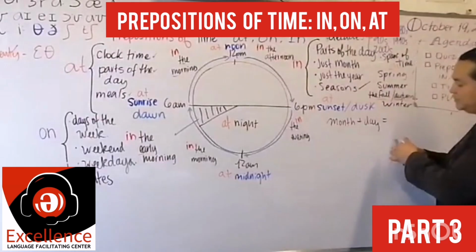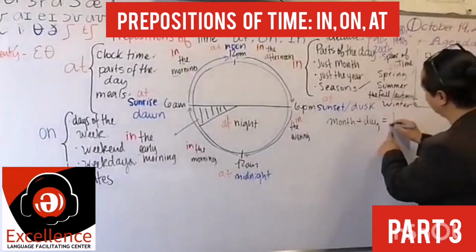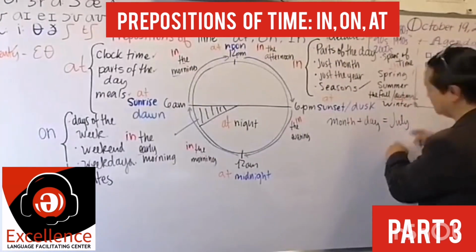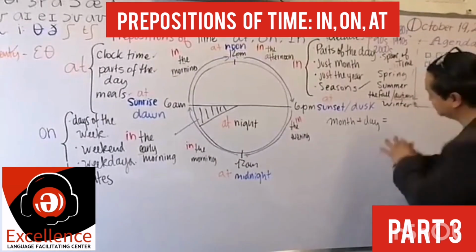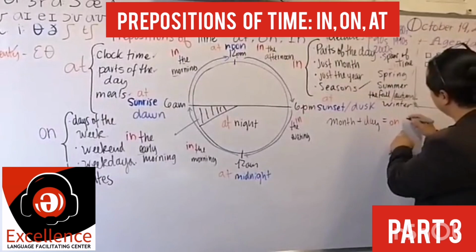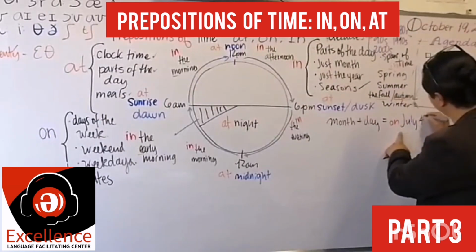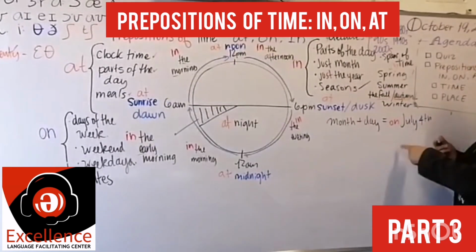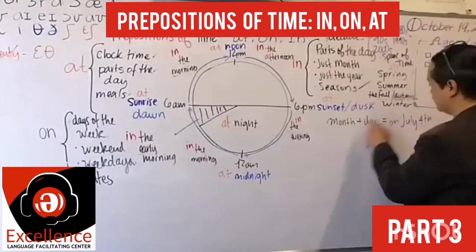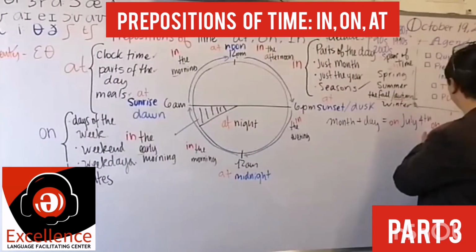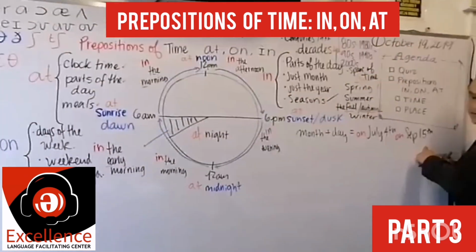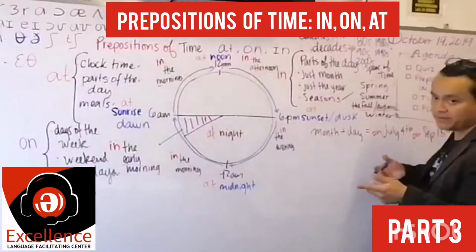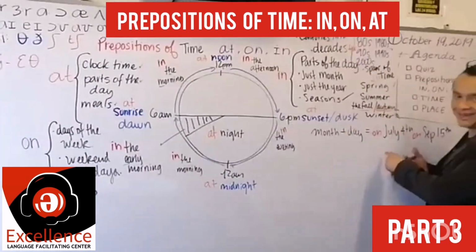An example of this would be July 4th. We're going to say on July 4th. On July 4th, Americans celebrate their independence, right? Month and day. On September 15th, Guatemalans celebrate their independence, right?